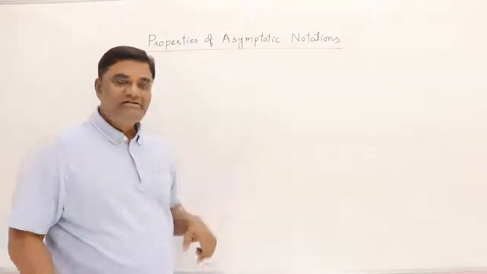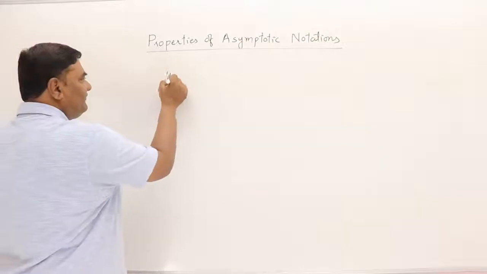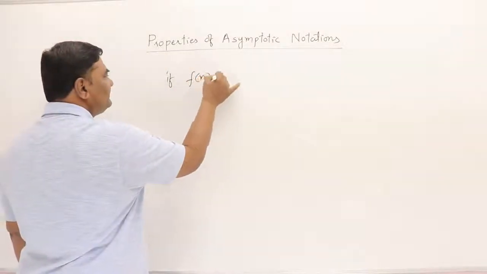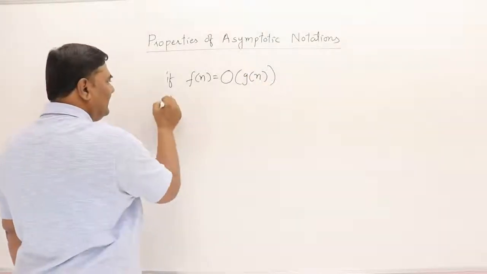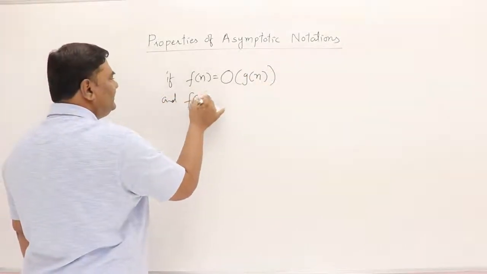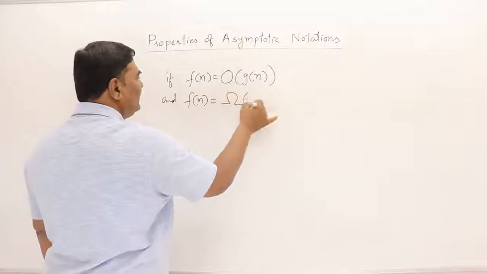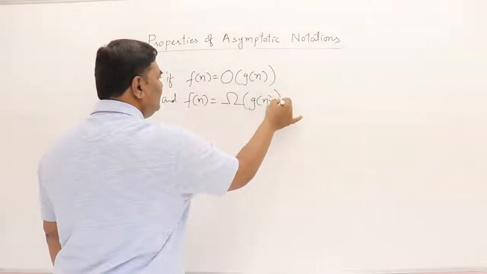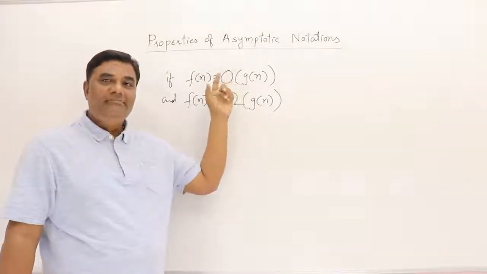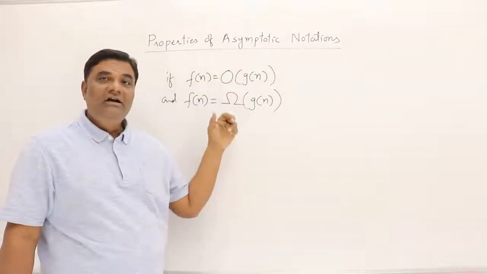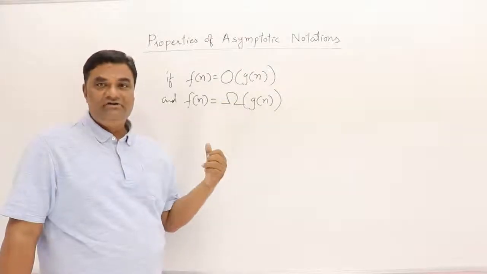Now there are a few more things. If f of n is big O of g of n and f of n is omega of g of n, this means there is one function g of n which is acting as an upper bound for function f as well as a lower bound for function f.